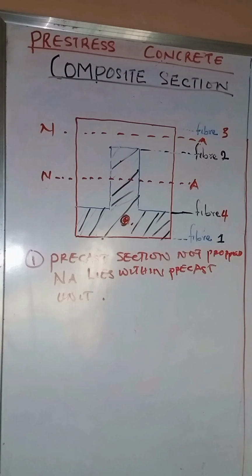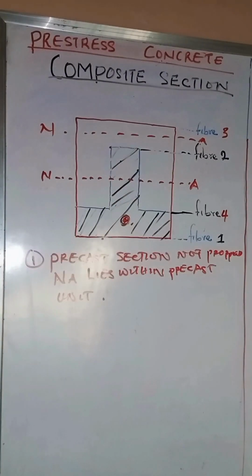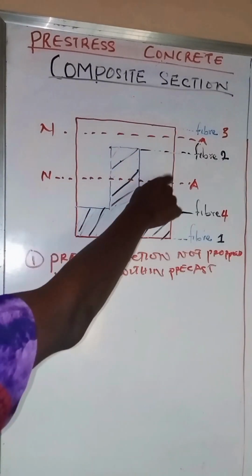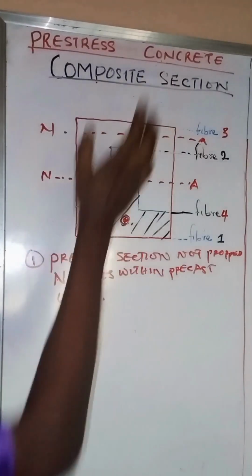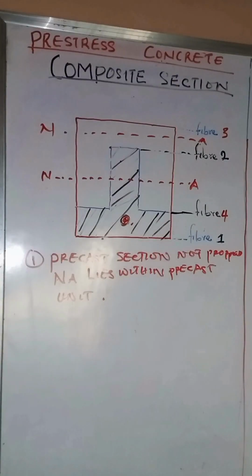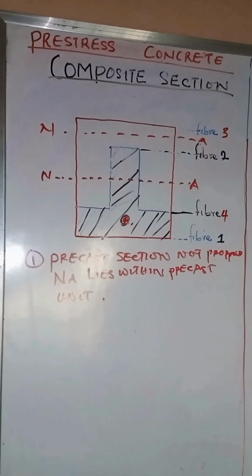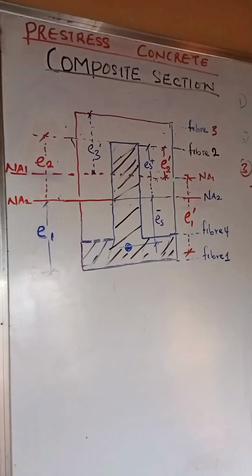For self-weight, we are going to have the self-weight of the in-situ section, which is this unshaded portion, and the self-weight of the precast section, which is this shaded region. So let's bring out the notation according to the method. Remember, all right. So we're going to look at the stresses that are acting on it.